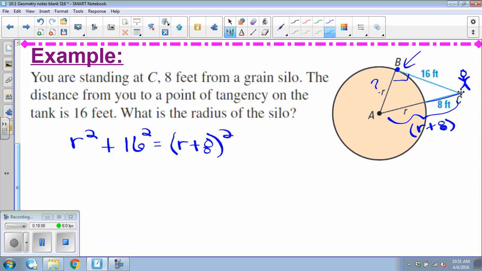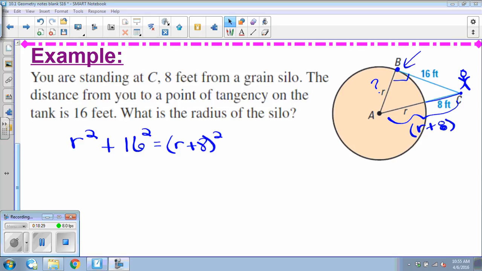So you have to put it in parentheses. And I better not see anybody say that this is R squared plus 64. What do you have to do with this? You have to multiply twice. You have to multiply times itself. Yeah. You have to expand it.